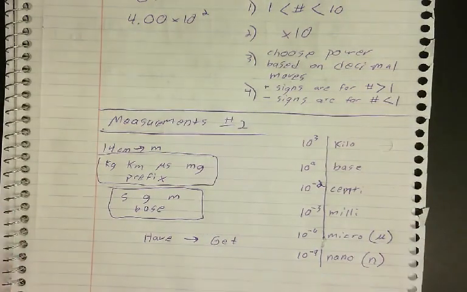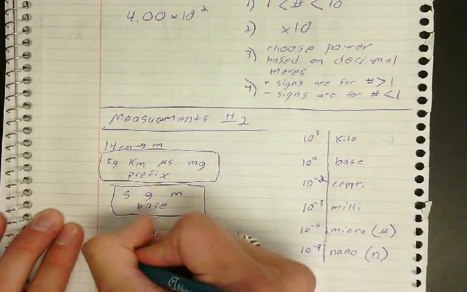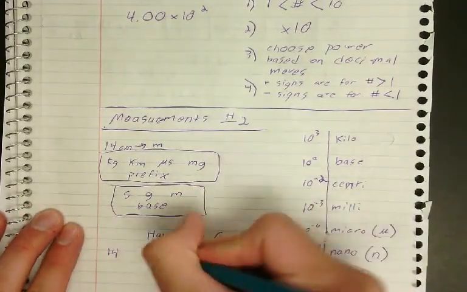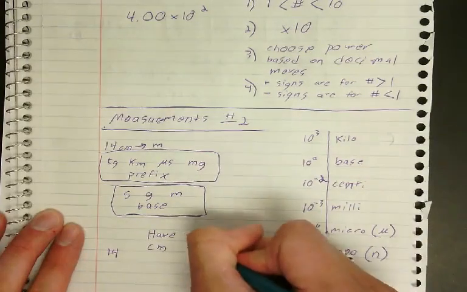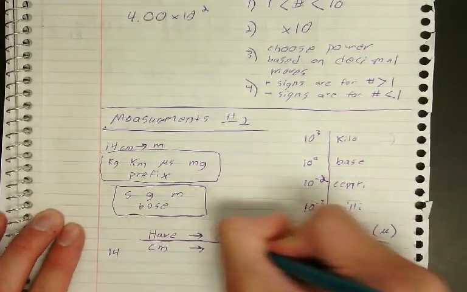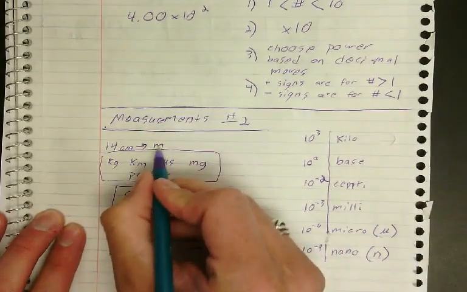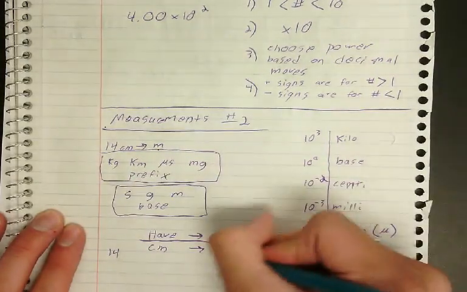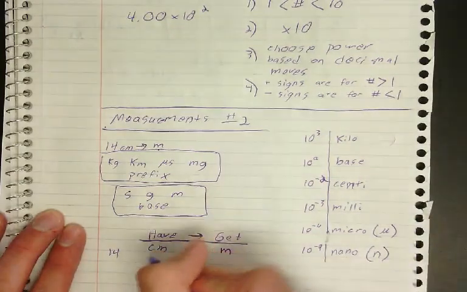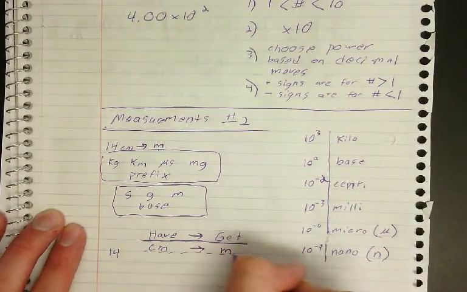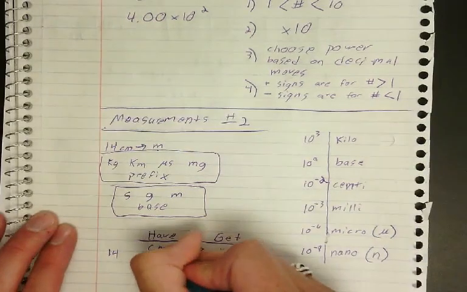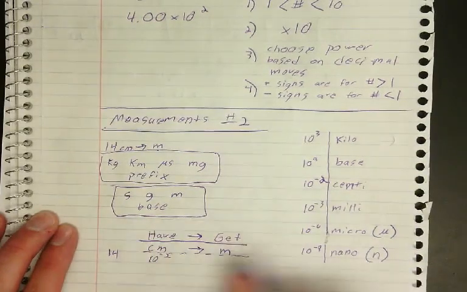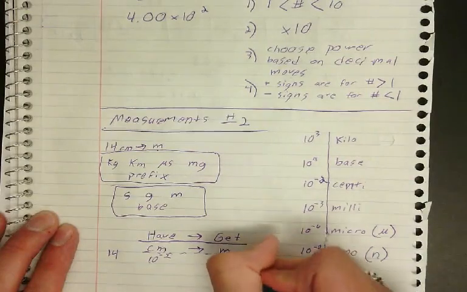Okay, so I start with what I have. I write the number first, 14. And then I write the unit I have, centimeters. Then I go to what I want to get. And what I want to get is the base unit, meters. Now, I write the number values. So I find centi, 10 to the negative 2. I find base, 10 to the 0.